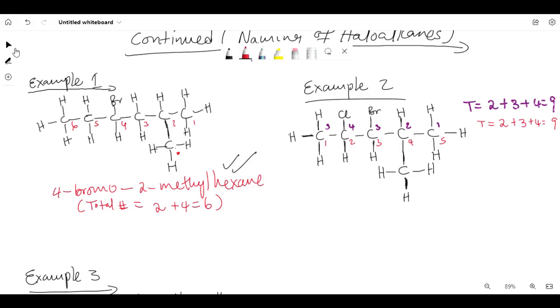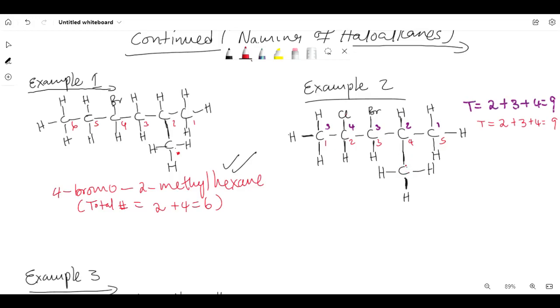We go to the guideline that says if you are counting from either side and the total number of positions is the same from either side, then we resort to alphabetical order. When I say alphabetical order, it means that chlorine will be preferred over the methyl.